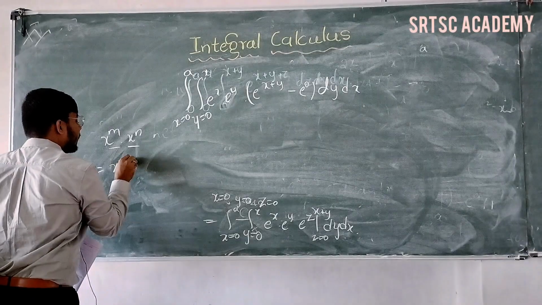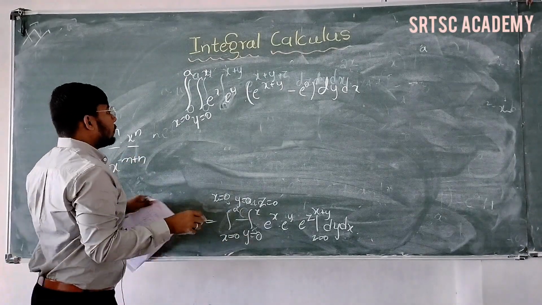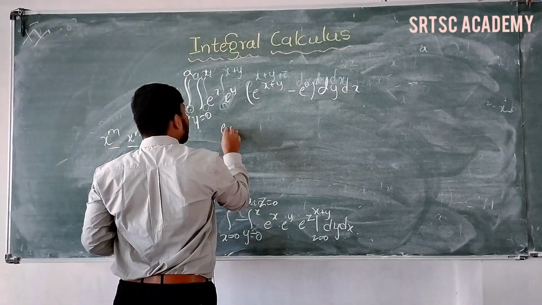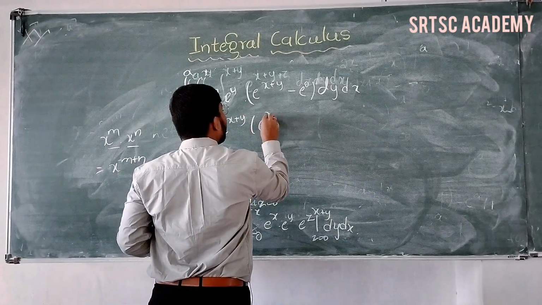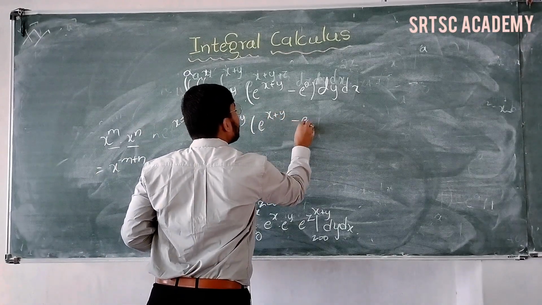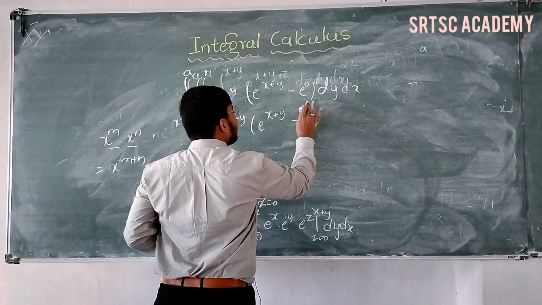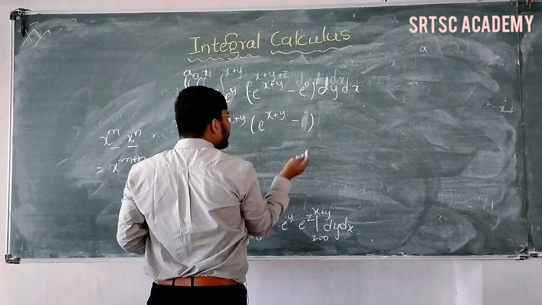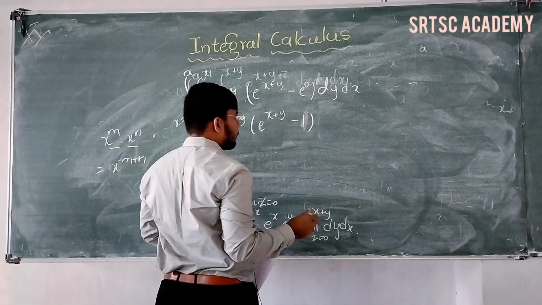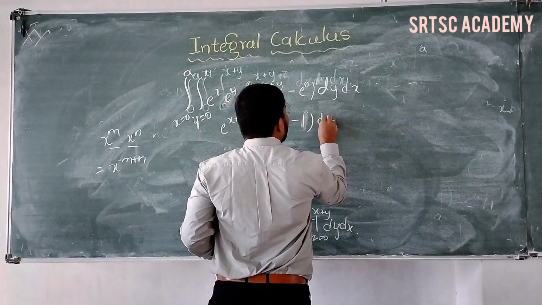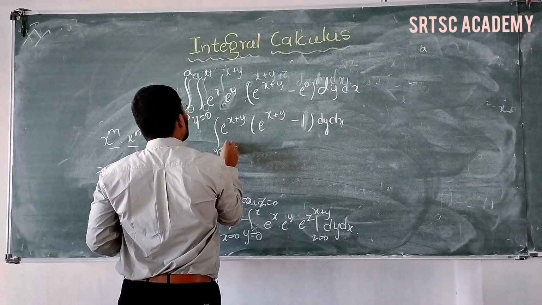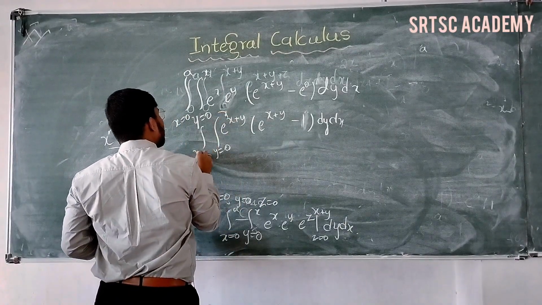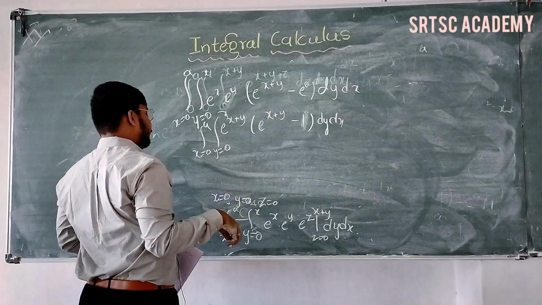E to the power m plus n. Like that only, I will do like that only. E to the power x plus y into e to the power x plus y minus e to the power 0. That is, e to the power 0 means what? Anything to the power 0 means it's 1, dy dx. Apply the limit, y varies from 0 to x and x varies from 0 to a.